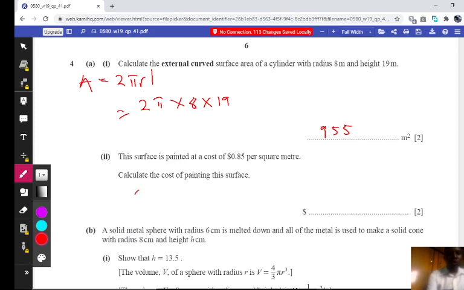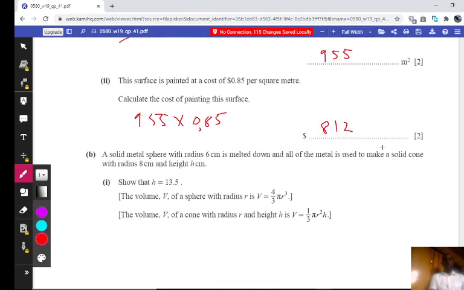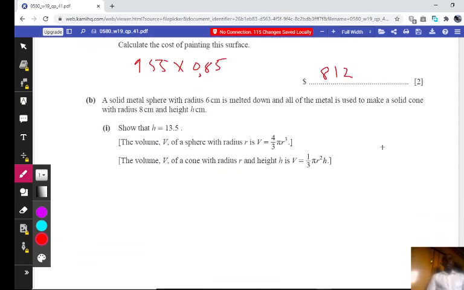What do you do? You just multiply 955 times 0.85. You get 811.12 actually, which is 812 to 3 significant figures. Right. Next question. Part B.